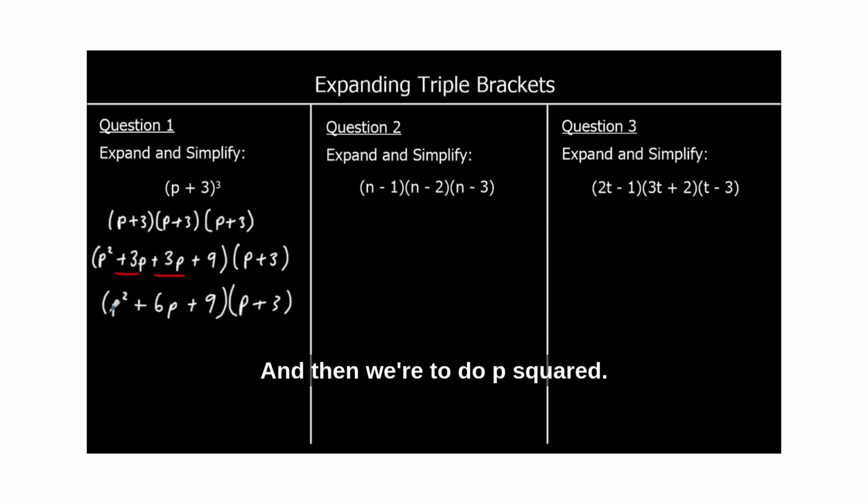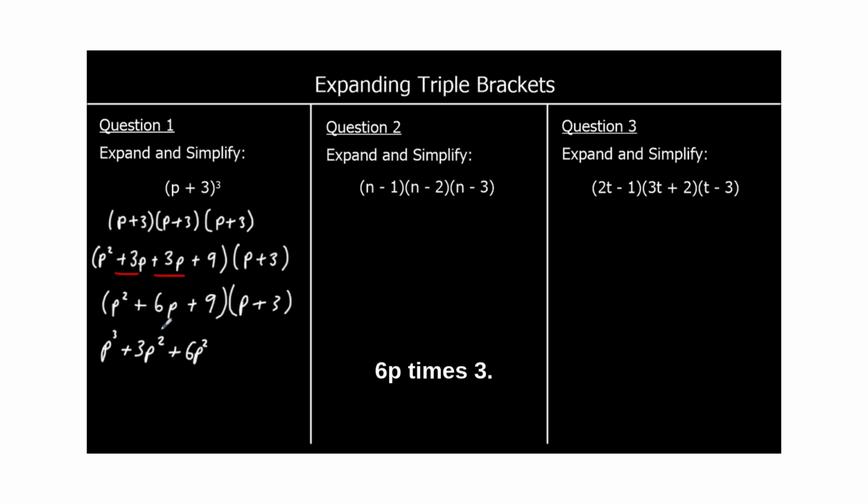And then we're going to do p squared times p, which is p cubed. P squared times 3, 3p squared. 6p times p, 6p squared. 6p times 3, 18p. 9 times p, 9p. And 9 3's are 27.